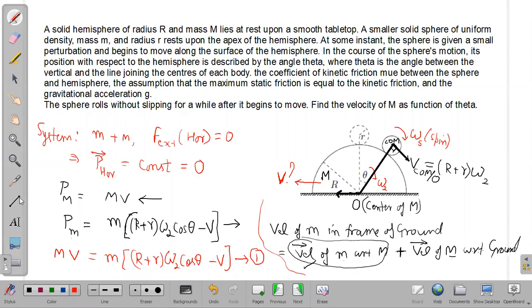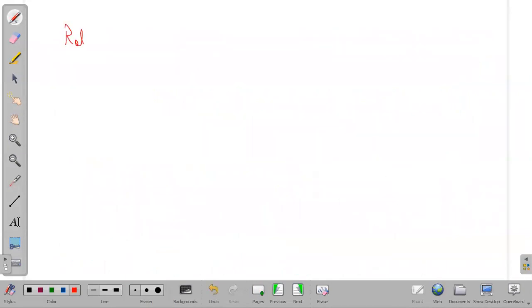It is given that the small sphere is rolling without slipping. And if it rolls without slipping, then you can use this statement to write a second equation, which is the criteria for rolling without slipping. What is the condition for rolling without slipping in this question?